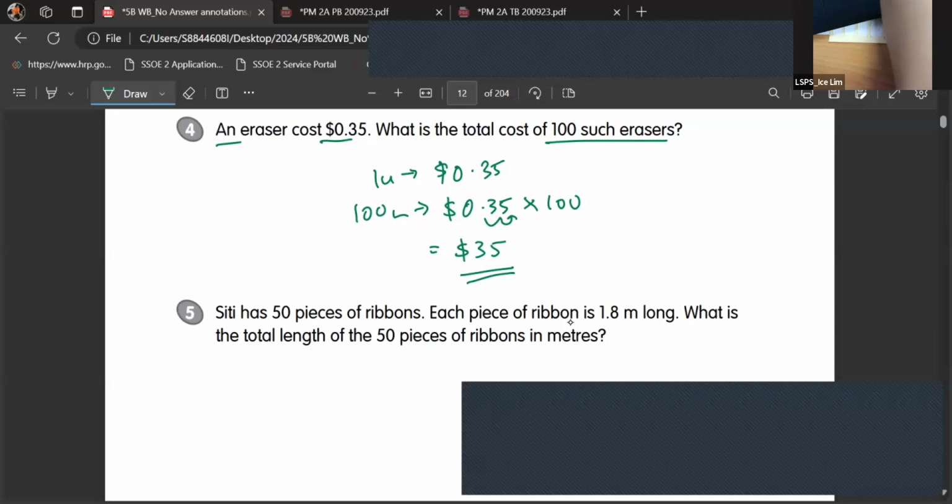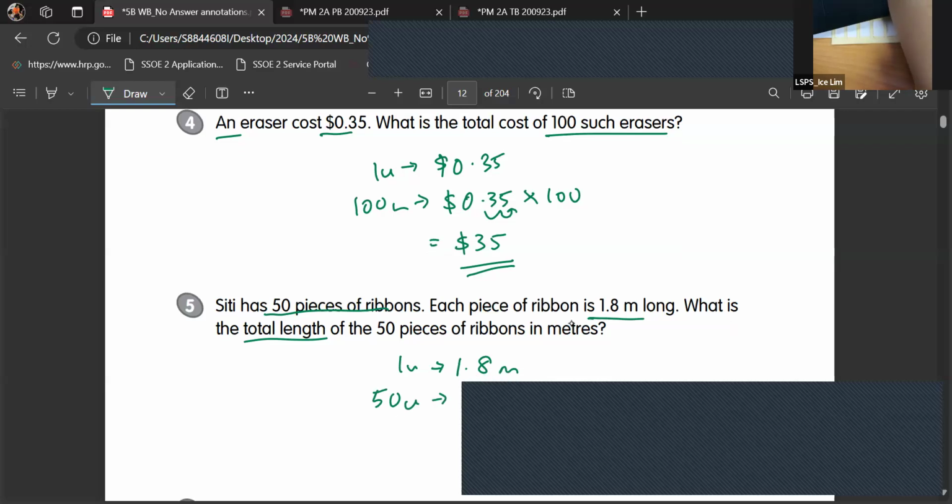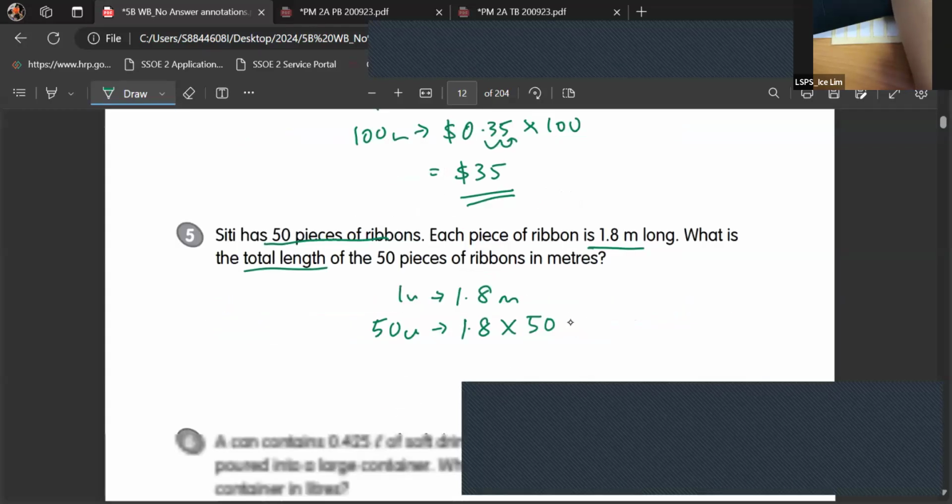Then the more difficult one was the back, right? 50 pieces of ribbon, each piece is 1.8 meters. So what's the total length? 1 unit is 1.8 meters. 50 units is 1.8 times 50. So I will choose to do 1.8 times 10 first, then times 5, which is 18 times 5, which is 90.